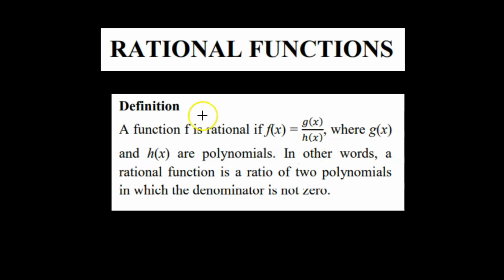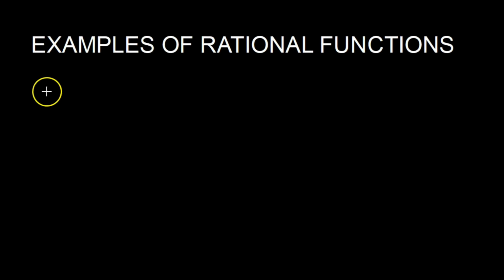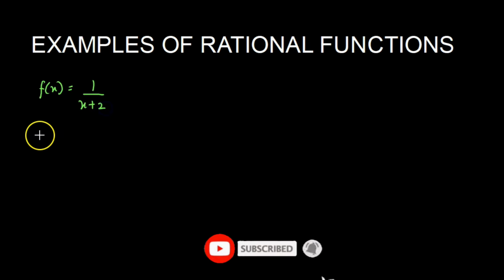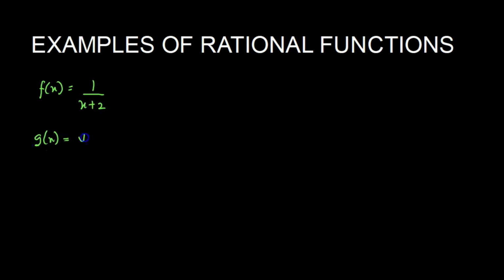Hence, what are some of the examples of rational functions we can have? We can actually have f of x equal to 1 over x plus 2. It's a rational function. We can have g of x on its own also equal to square root of x plus 1 all over x squared minus 4.